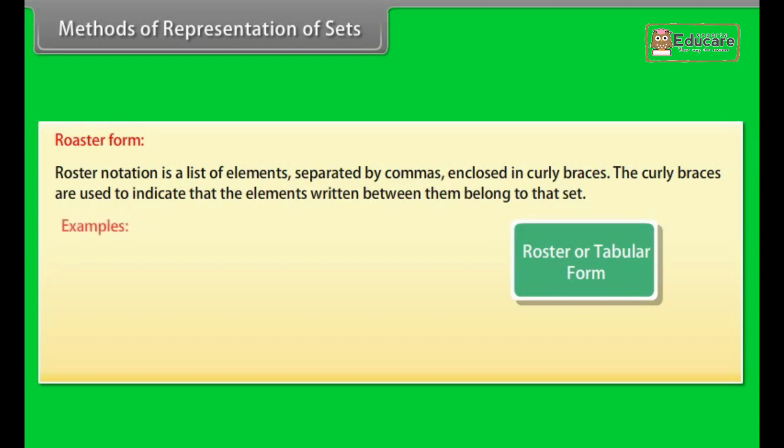Let's look at some examples of sets listed with roster notation. R = {A, E, I, O, U}.